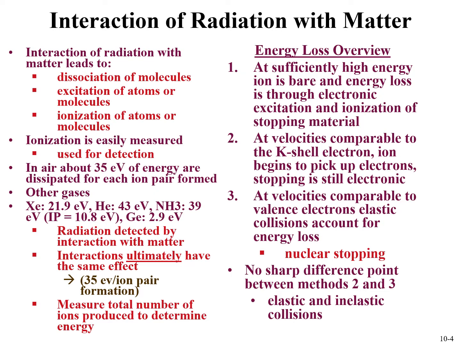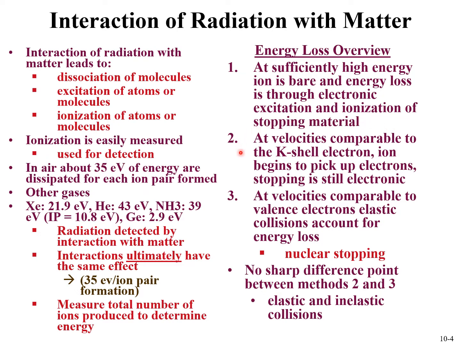At high energy, the ion coming in is bare, so imagine a helium nucleus coming in, no electrons, and the energy loss is through electronic excitation and ionization of stopping material.